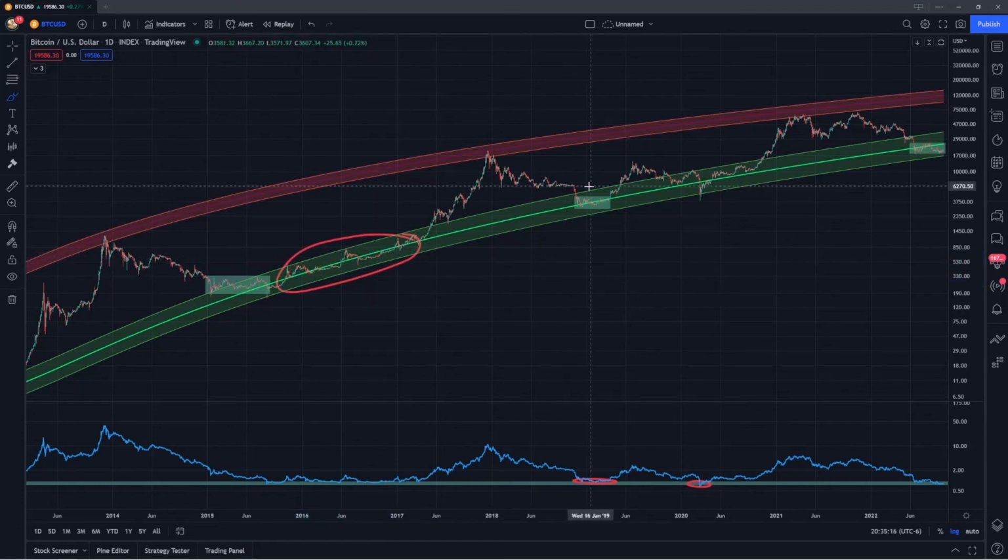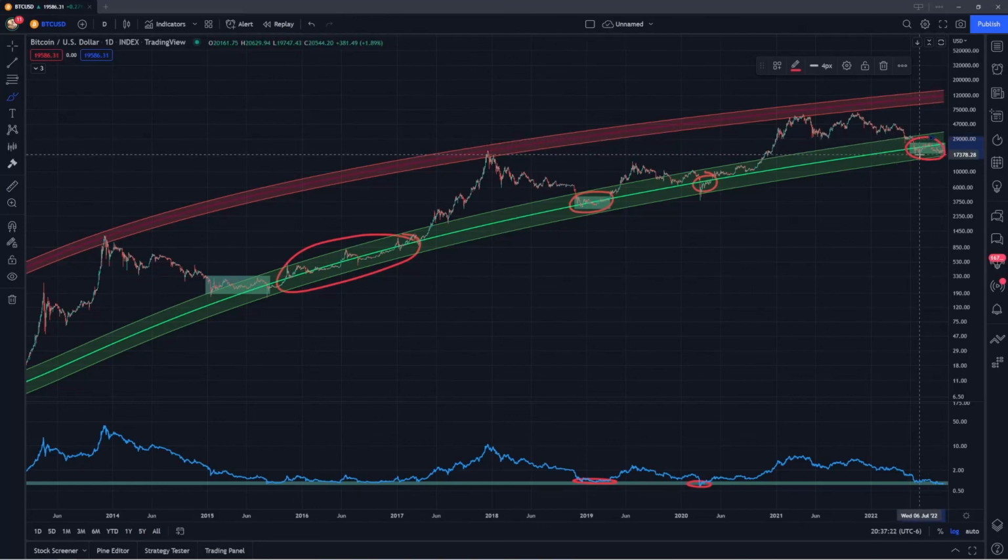A similar thing happened again right here in 2018, the same structure, the same pattern, where we went back and forth around the midline. Similar thing right here in 2020, once again, during that March capitulation, we did have a wick down to the lower regression band, but again, you can see that structure has played out in the last 3 accumulation opportunities. It does appear to be happening right now today.